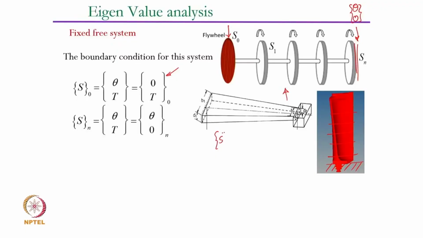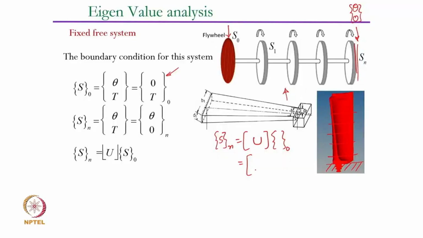Now we already have a relationship between Sn and S0. What was that? Sn is the overall transfer matrix times S0, right? Now assume that your individual transfer matrices T1, T2, T3, T4, all of them are numerically known. Finally, when you multiply, you will get what? U11, U12, U21, U22, right?